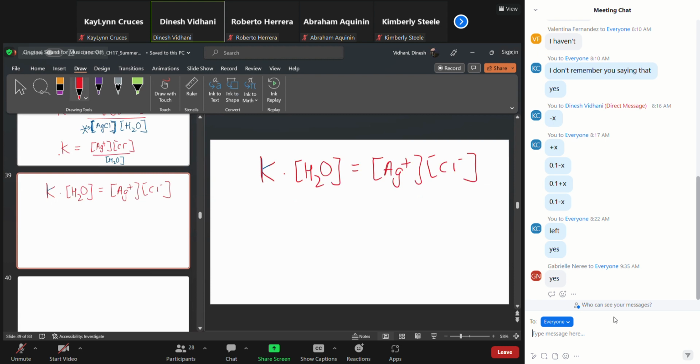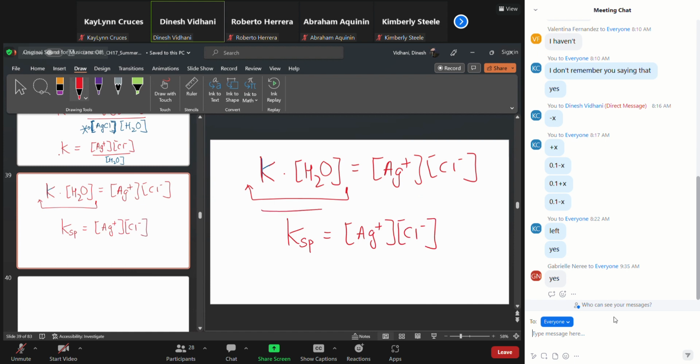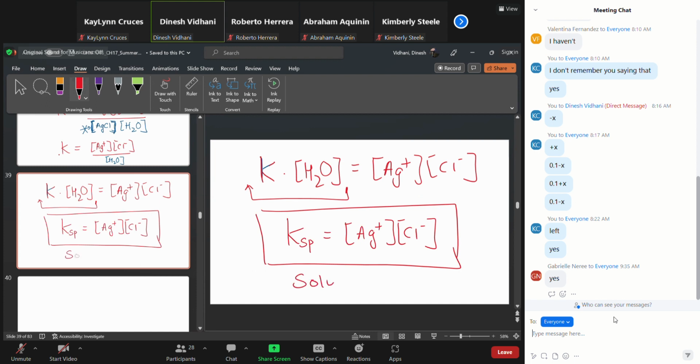So I'm going to take this as constant because the amount of water is practically not changing. So that's constant multiplied by the equilibrium constant, which is a constant. So that would be Ksp, Ag plus and Cl minus. Now this one is your solubility product, which is given by Ksp. Your Ksp is your solubility product because it tells you how many ions are there in the solution.